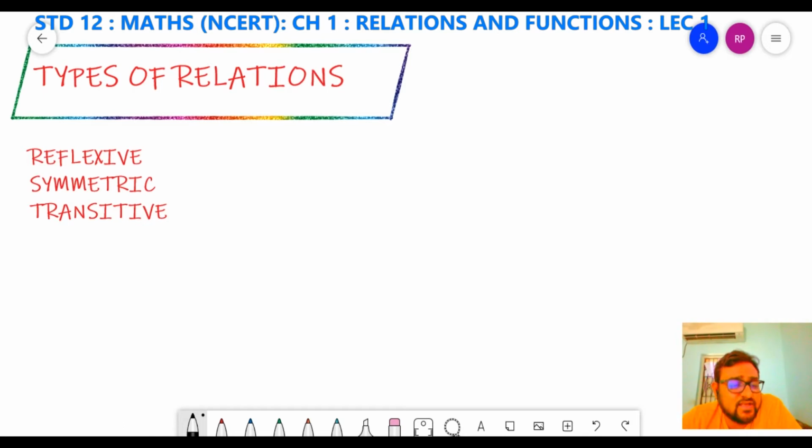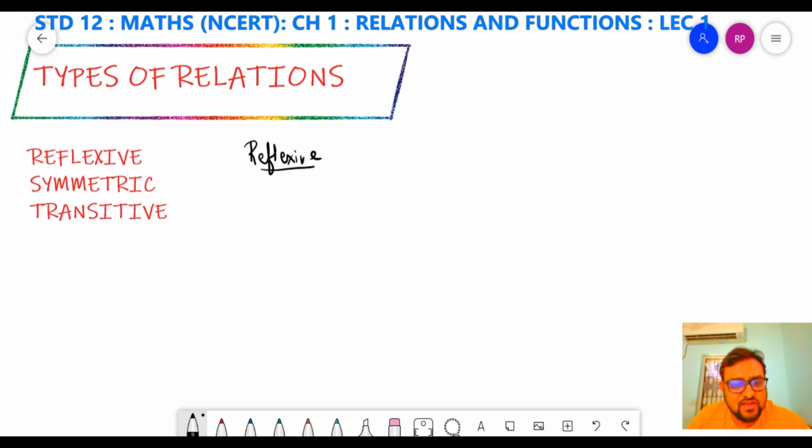The next is reflexive, symmetric, and transitive. Okay, so first let's start with reflexive. Okay, what is a reflexive relation?